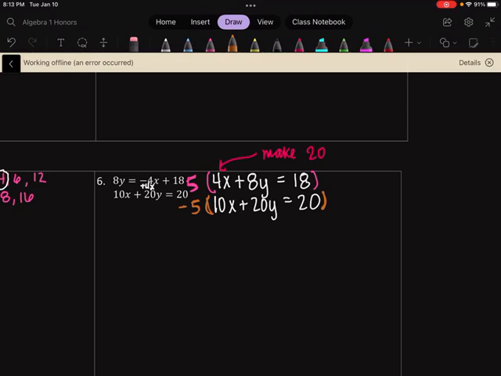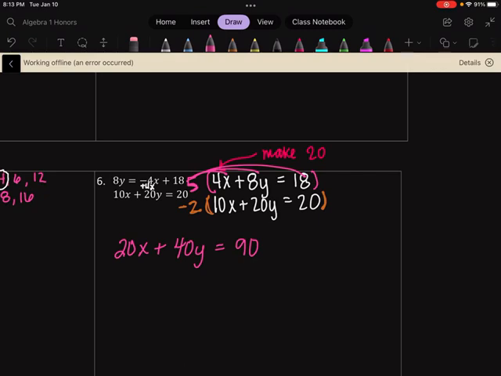So let's do that. Distribute this. Oh, no, not a 5. Let's go, what? 2. A negative 2. All right, so I'm going to distribute this 5 inside. I'm going to get 20x plus 40y is equal to, I want to say that that's going to be 90. Yep.